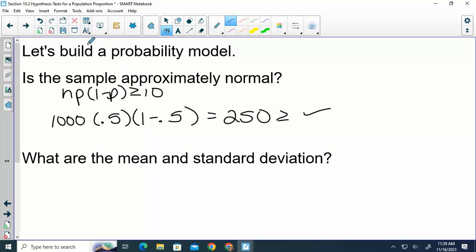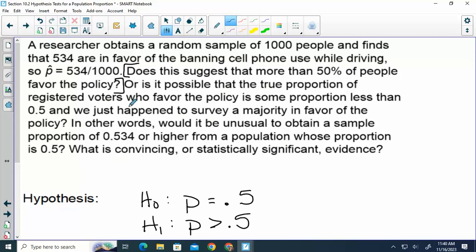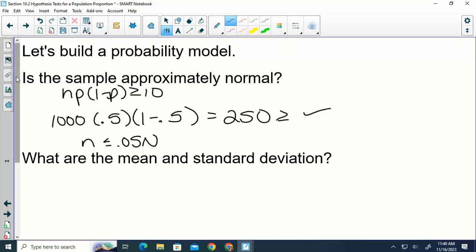The other is that my n has to be less than 5% of the total population. We're talking about 1,000 people, and we could assume it's all people using cell phones, so would that be less than 5%? Yeah. Okay. What's my mean going to be?